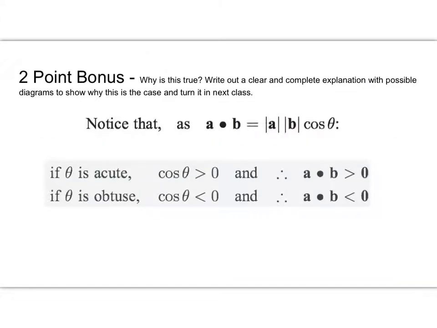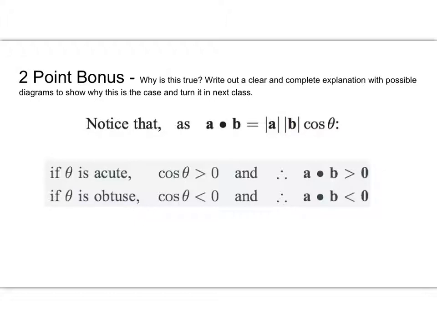Alright, so I have a 2-point bonus for anyone who wants to write this up. Why is this true? You need to write out a clear and complete explanation with possible diagrams to show why this is the case and turn it in next class. Notice that a dot b is equal to the magnitude of a times the magnitude of b cosine theta.